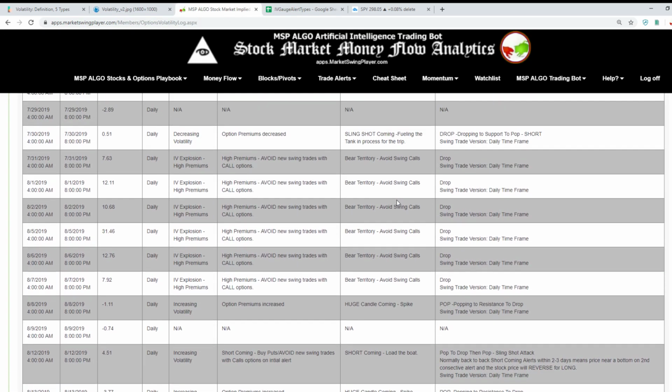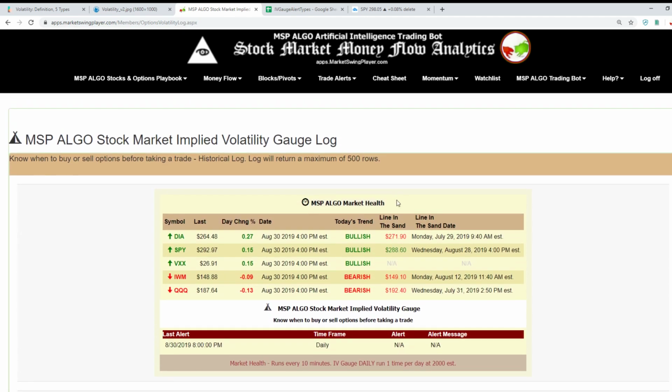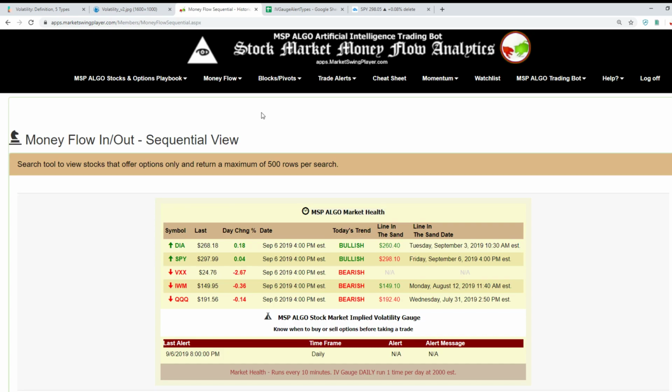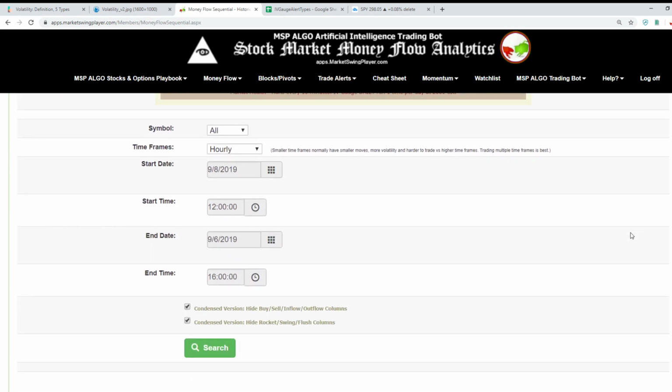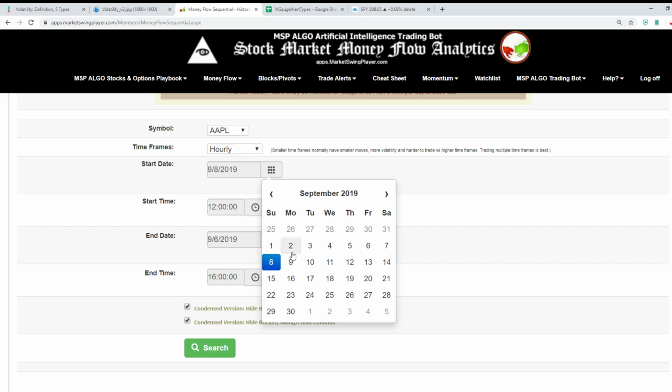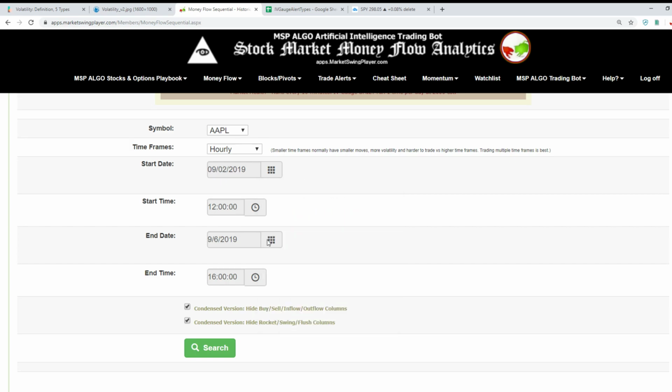So that is what the MSP ALGO Stock Market Implied Volatility Gauge is all about. And in our next video, we're going to talk about our exciting money flow sequential view and how to find trades. And this is really another really exciting tool to use.